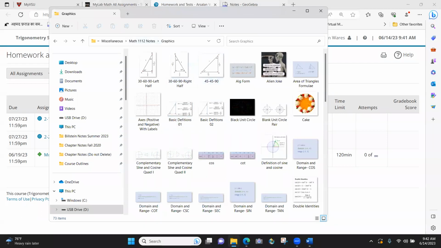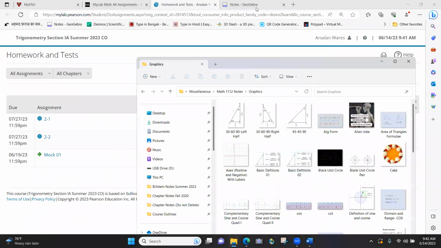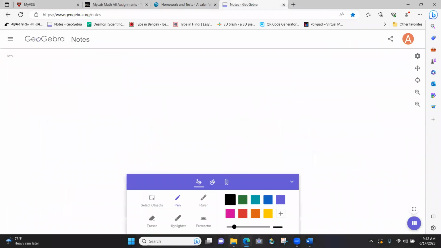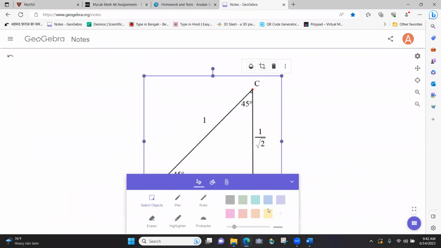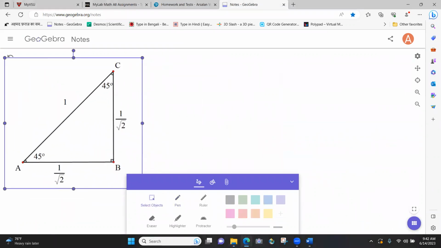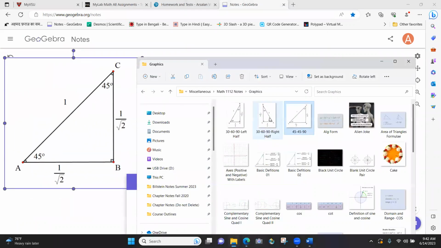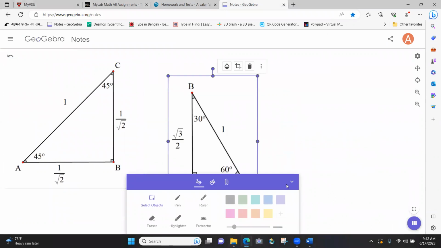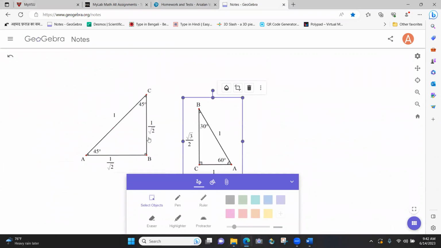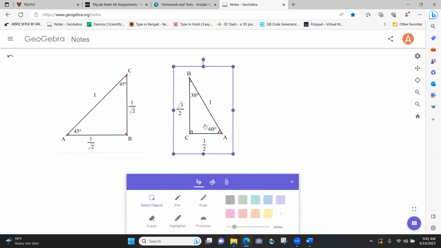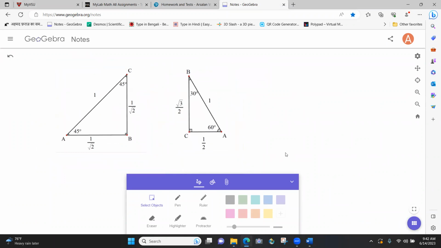Last class, we learned about these two triangles. We're going to incorporate it into trig today. This is something you have seen in high school, I'm sure, but we're going to use it in trig today.